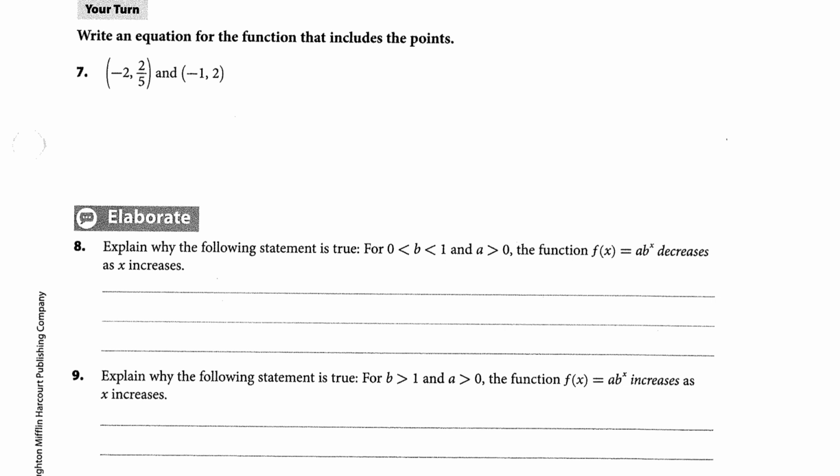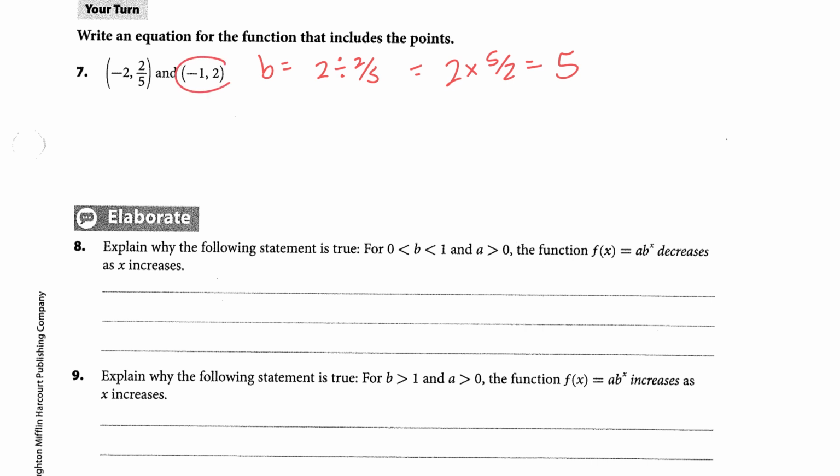All right, so we're comparing. We are dividing the two values. 2 divided by 2/5. Leave, change, flip. That would be 5, because 2 times 5 is 10, divided by 2 is 5. That is the B value.